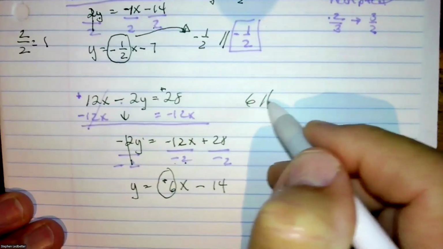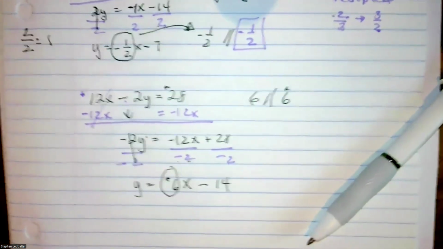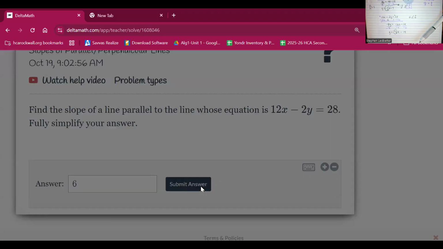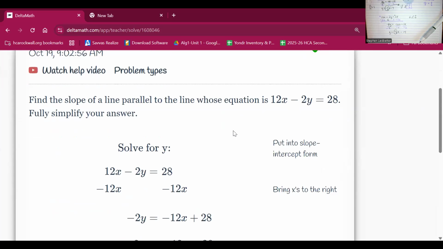Parallel lines have the same slope, so my answer is positive 6. All I have to do is put 6 in here. Okay, and you can see there we got it right.